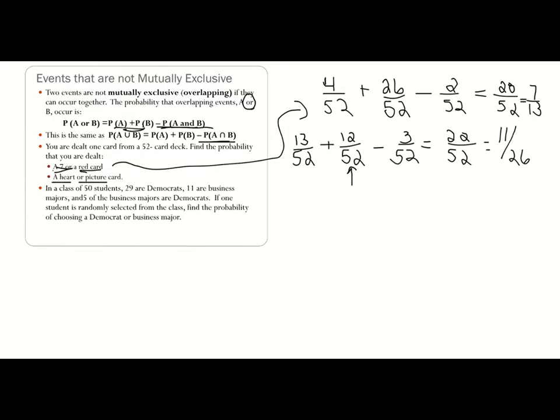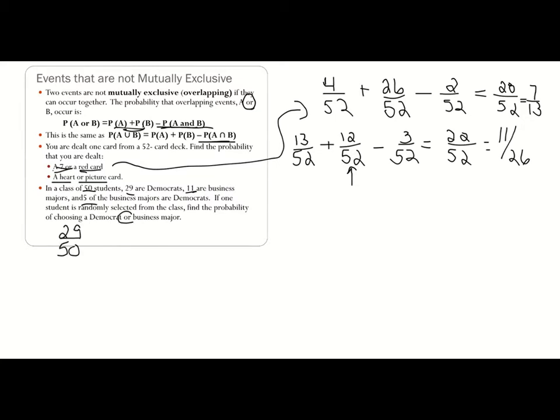Now for our last one, we have a class of 50 students, 29 are Democrats, 11 are business majors, and 5 of the business majors are Democrats. If one student is randomly selected from the class, find the probability of choosing a Democrat or a business major. All right, we have 50 total students, and I know that 29 are Democrats.